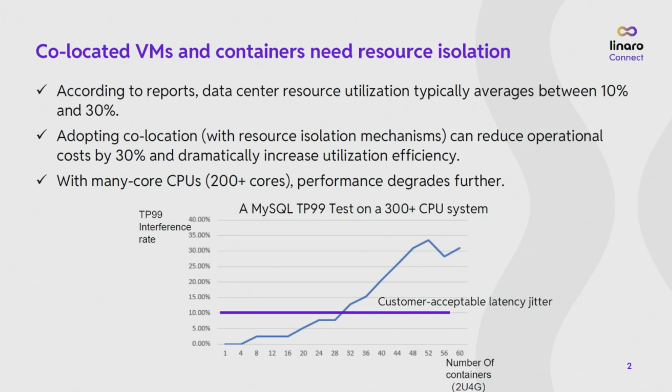This line is the customer-acceptable latency jitter. But as the number of containers increases, for about 32 containers, the latency jitter is more than 10%, which means it is not usable for the customer.